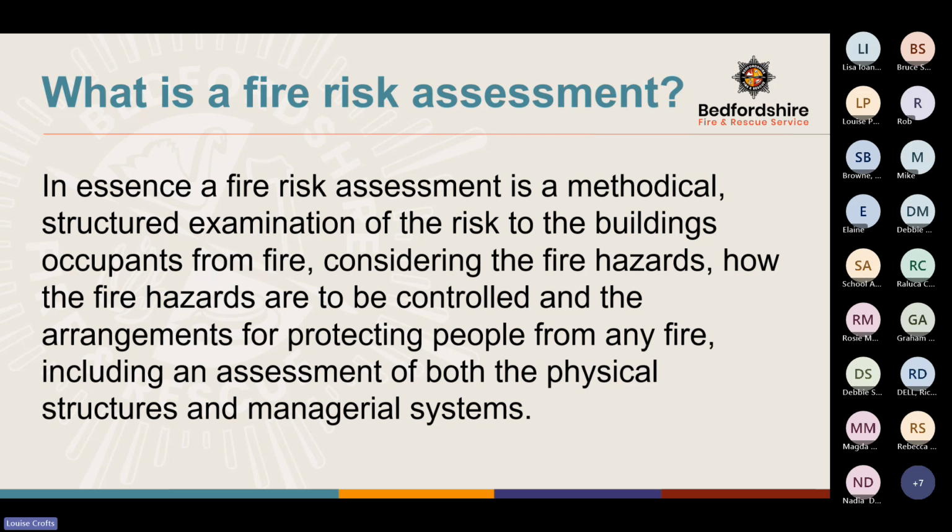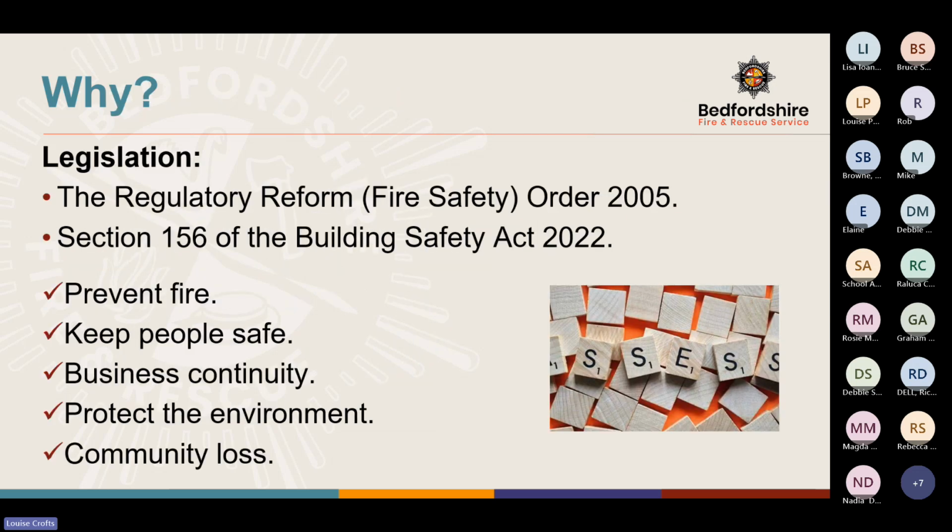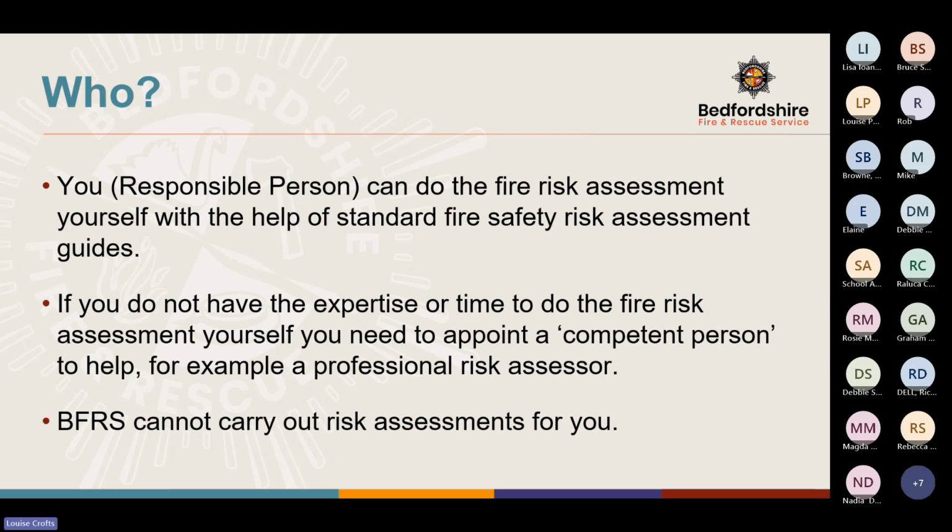And it's not just about the building itself, it's also about how that building is managed in terms of fire safety, because you can have great fire protection measures in place, but if you don't have the management to support those measures, then they're really not going to be worth having almost.